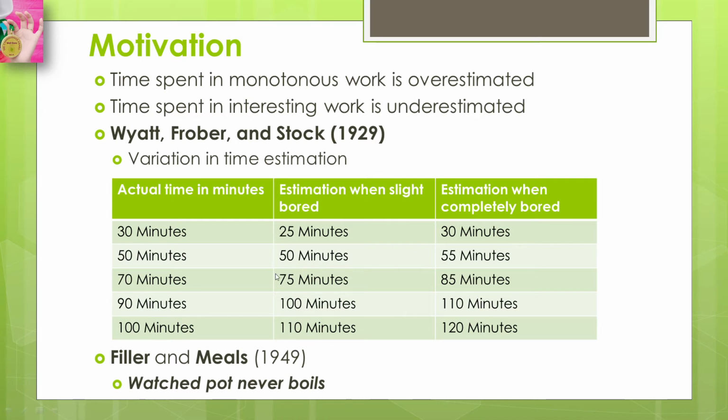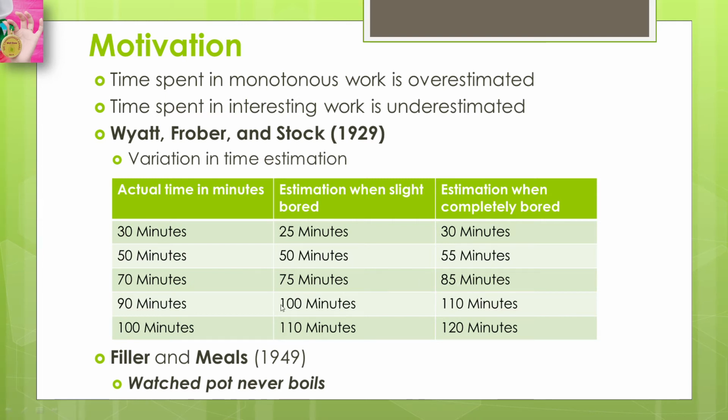Now, when the actual time was 70 minutes, and the people were slightly bored, they said that it's been 75 minutes. And when they were completely bored, the estimation was 85 minutes. Now you might have seen a slight difference, that the more the minutes increased in actual timings, the estimation also varied accordingly.